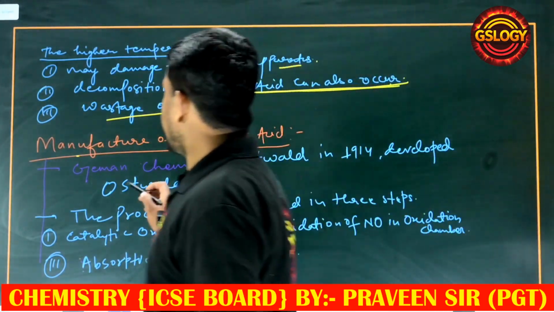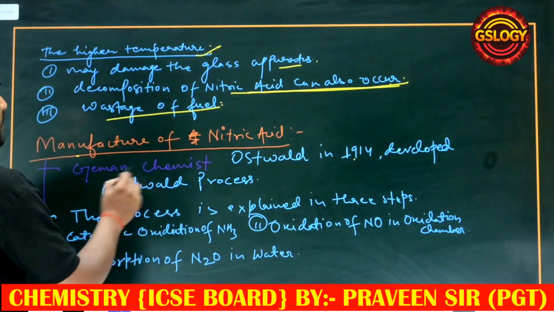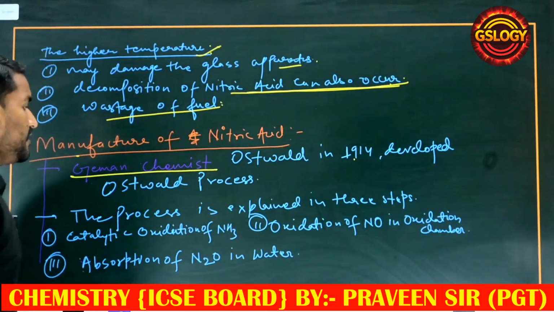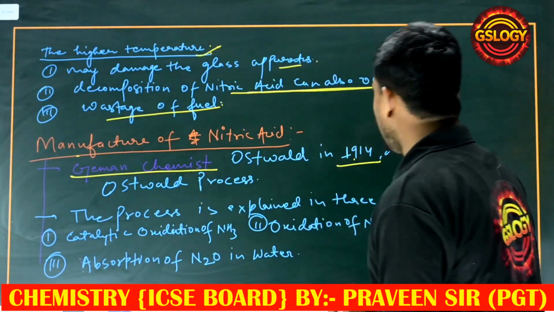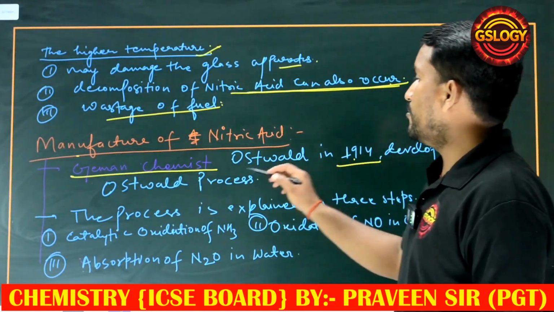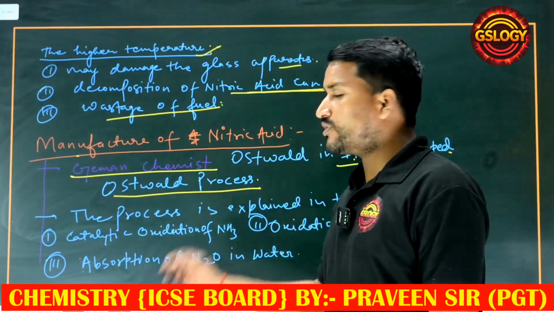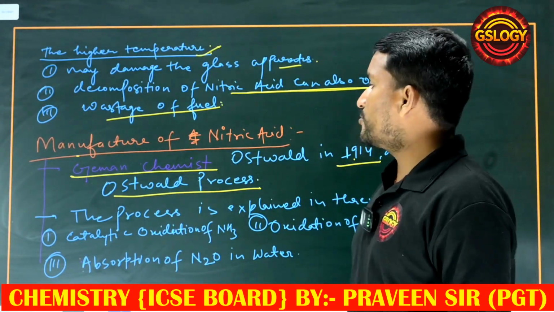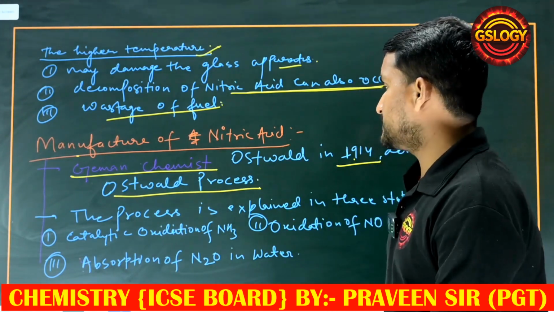In 1914, Ostwald, a German chemist, developed the Ostwald process, by which you can manufacture nitric acid.